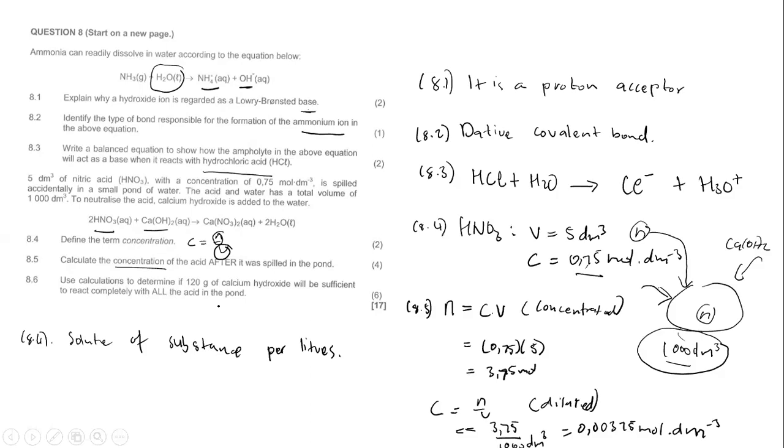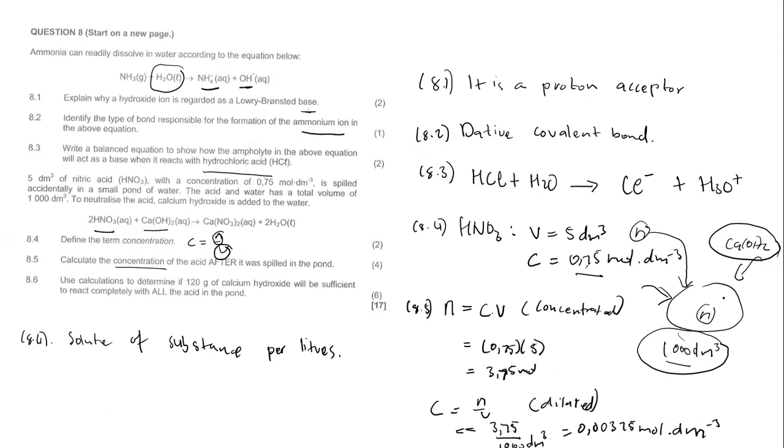Now 8.6, it says to us, use calculations. It's 6 marks. Use calculations to determine if 120 grams of calcium hydroxide will be sufficient to react completely with all the acid in the pond. I'm going back. Remember, this is our pond, right? We added calcium hydroxide to neutralize that acid.